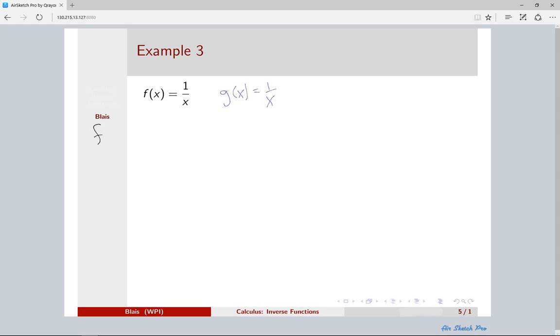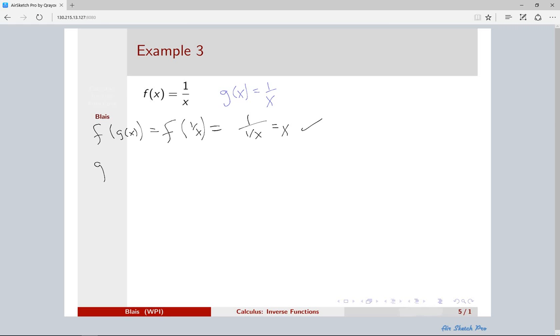Let's check this condition. f of g of x. So that's f of, plug in g of x here, f of 1 over x. Plugging this 1 over x in here, in f of x, gives us 1 over 1 over x, which is x.